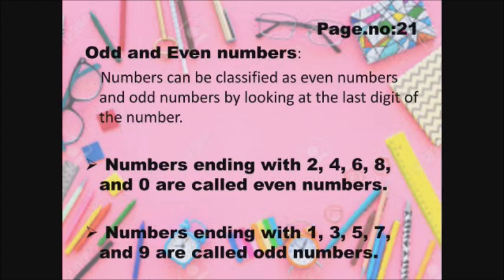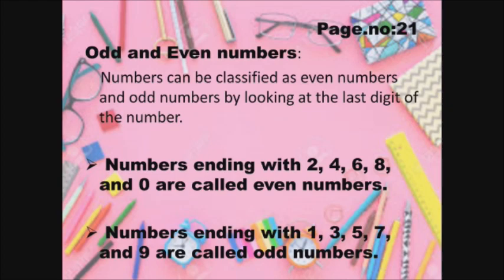Now we can see odd numbers and even numbers in page number 21. So what is meant by odd and even numbers? Numbers can be classified as even numbers and odd numbers by looking at the last digit of the number. So here you have numbers ending with 2, 4, 6, 8 and 0 are called even numbers.